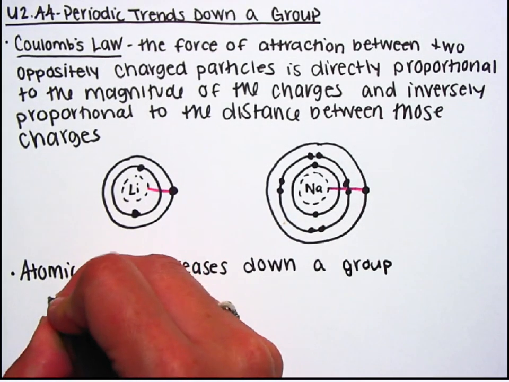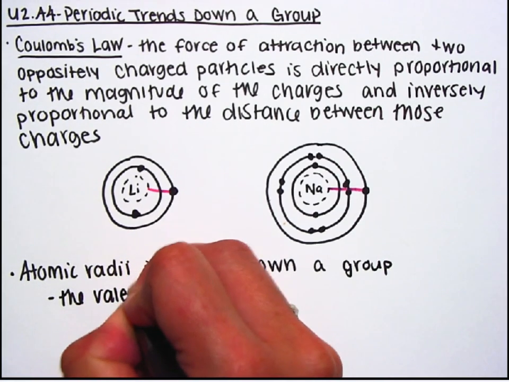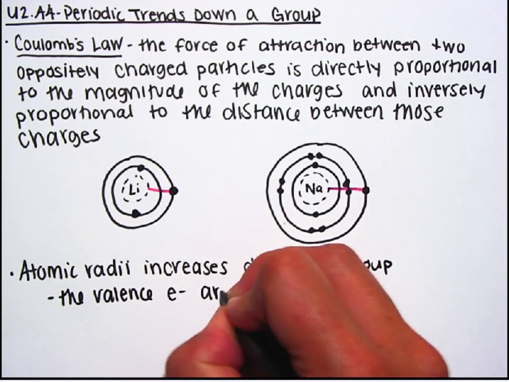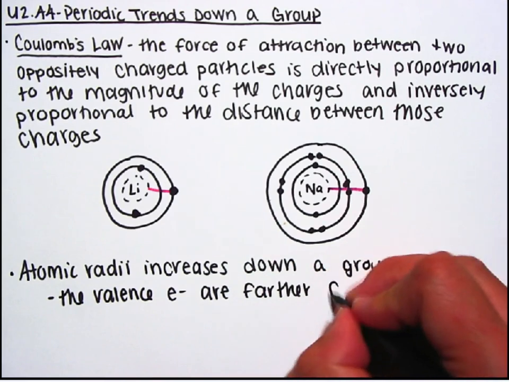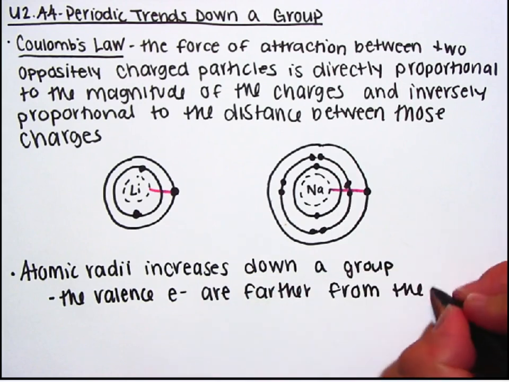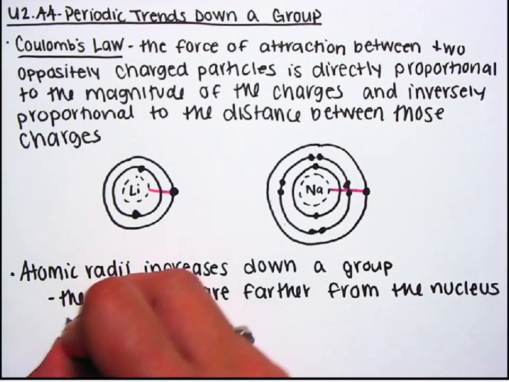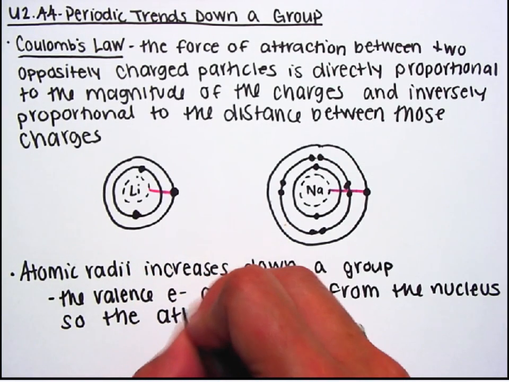The reason why: as we go down a group, the valence electrons are farther from the nucleus, so the attraction is weaker.